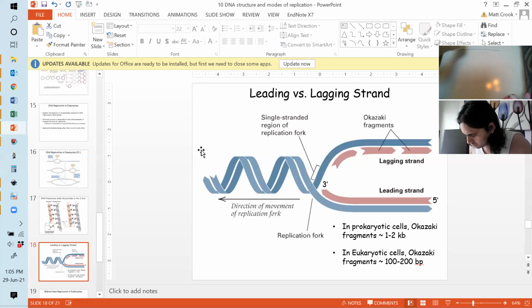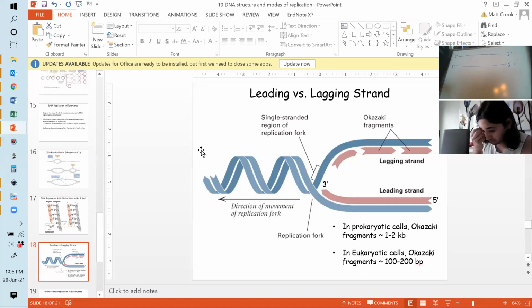So essentially the problem is this. You have two strands going in different directions.